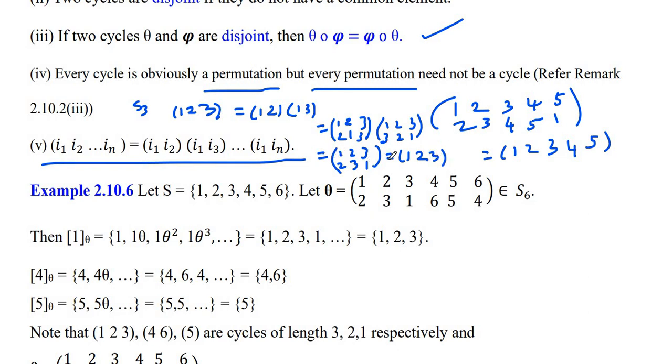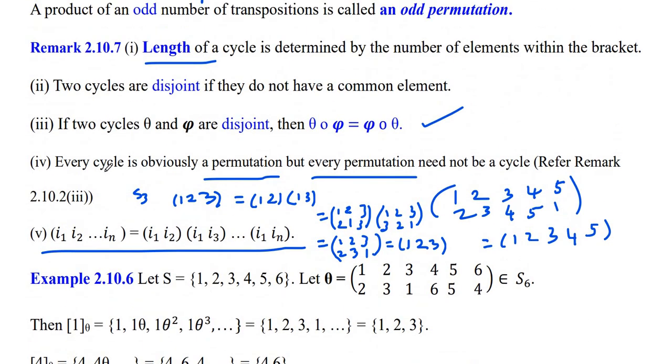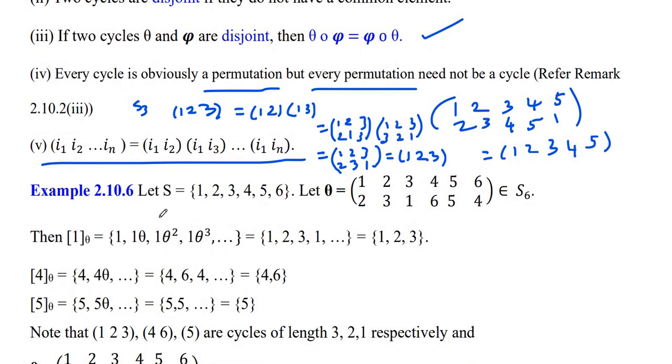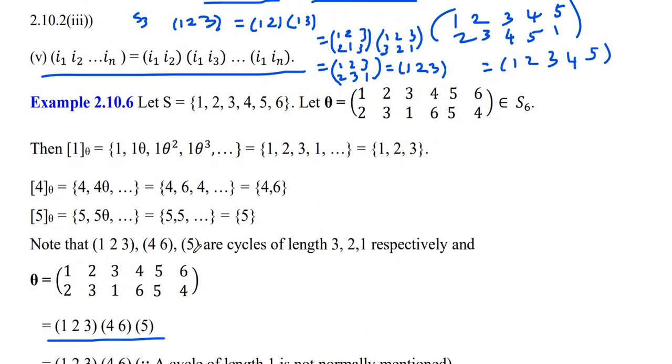So this cycle (1 2 3) can be written as (1 2)(1 3), and that is what is written here. These are the remarks that will help us in doing any problem or in understanding further theory.